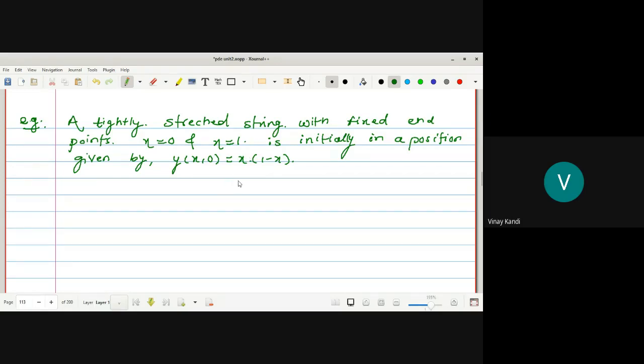Okay, it is released from rest from this position.